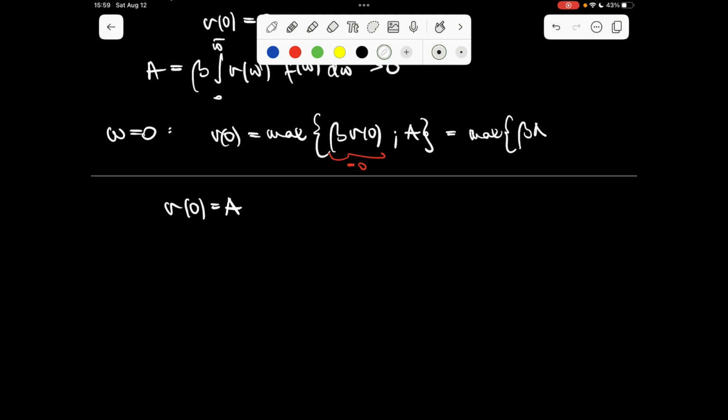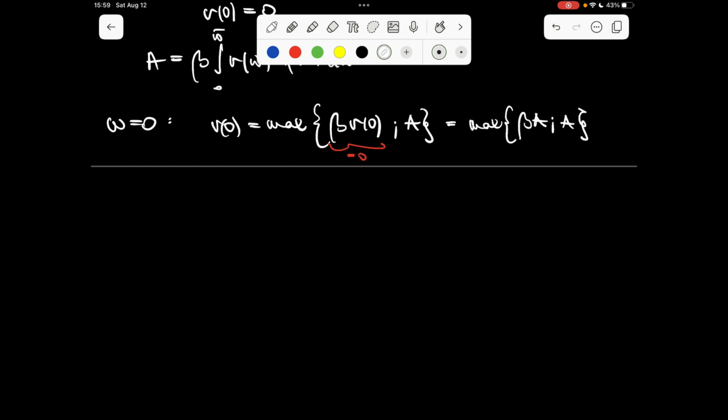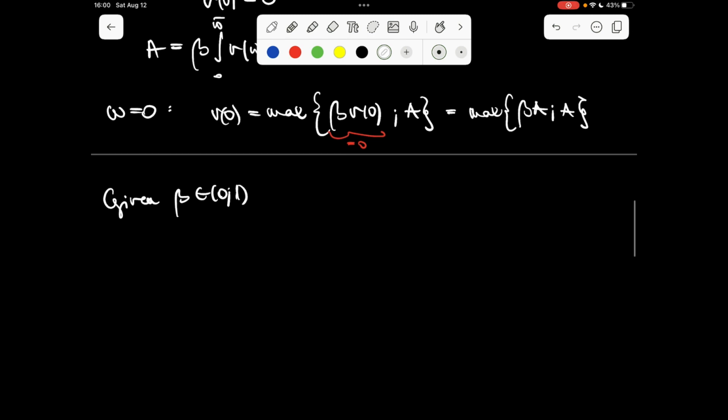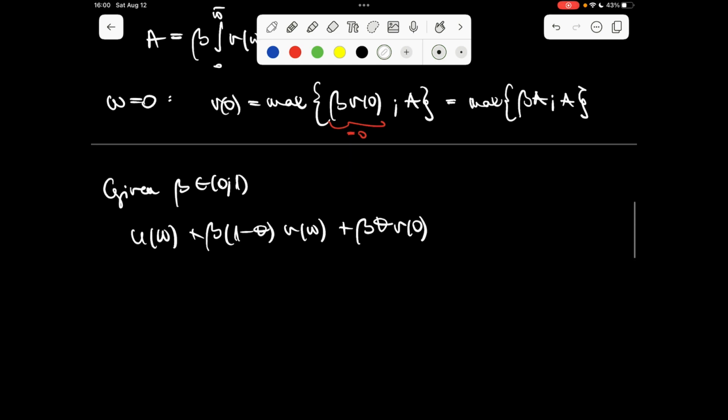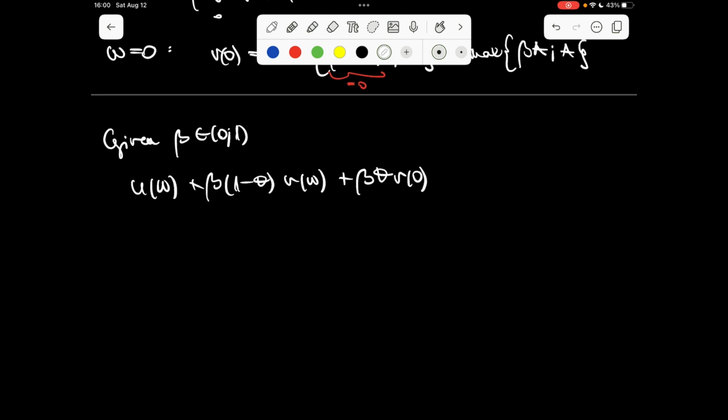Given that the discount factor lies between 0 and 1, the acceptance line, that is this function, the value of the acceptance line at 0 wage is lower than A. So at 0 wage, the value of the acceptance line is lower than A for sure.